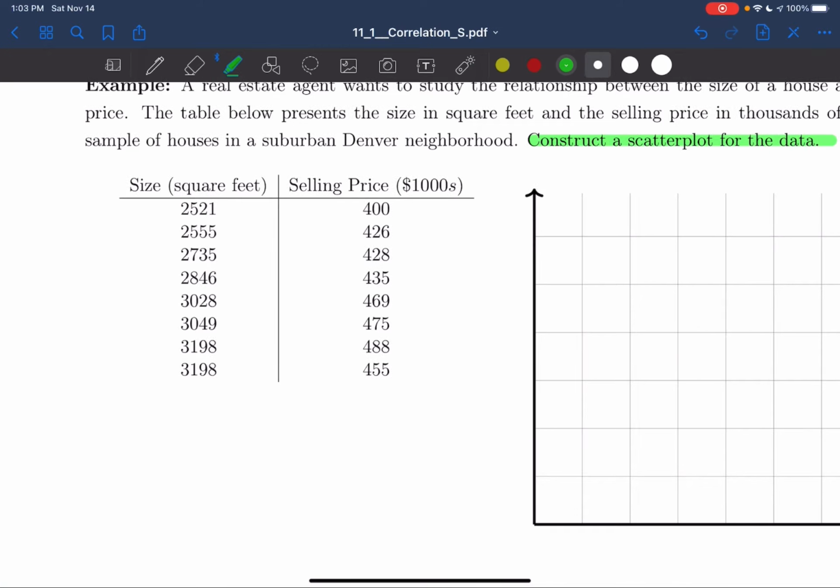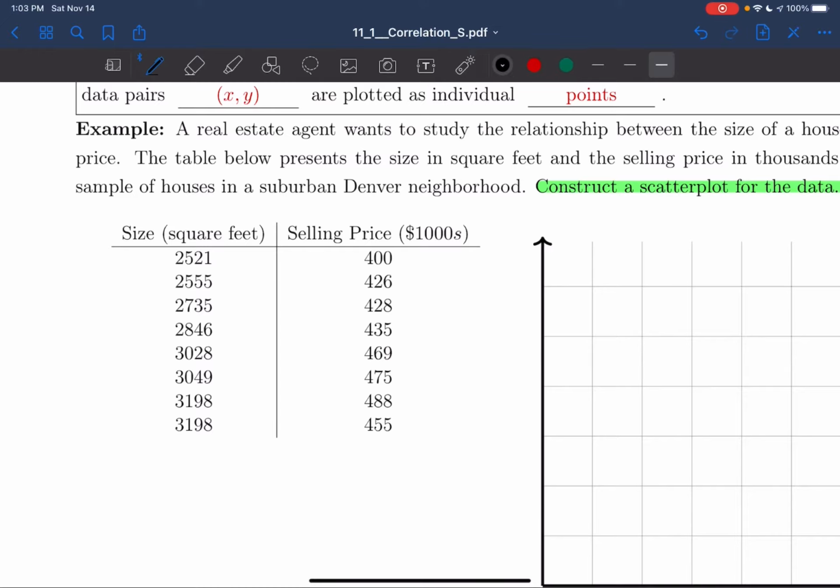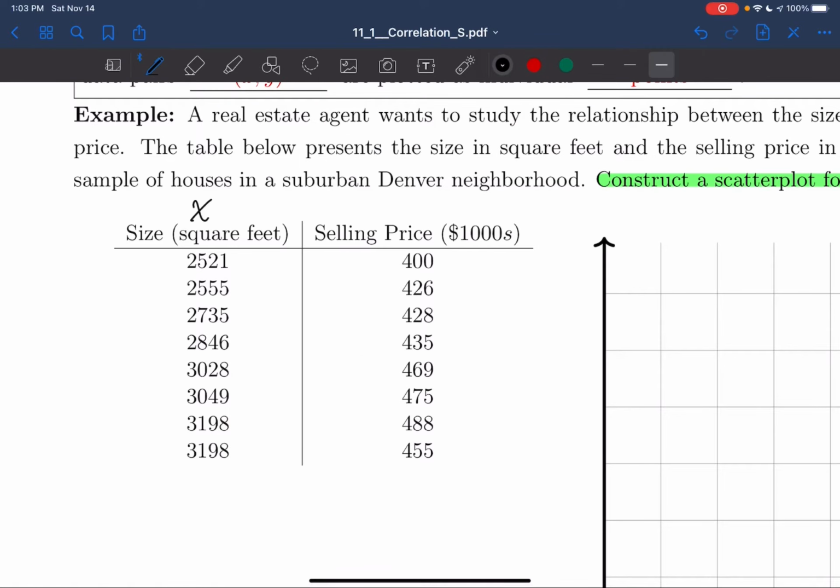On the left side, we have our data set: the sizes of the houses in square feet and their corresponding selling prices. We have 8 pairs, so we expect to have 8 points in our scatter plot. This is playing the role of our x, and this is playing the role of our y.